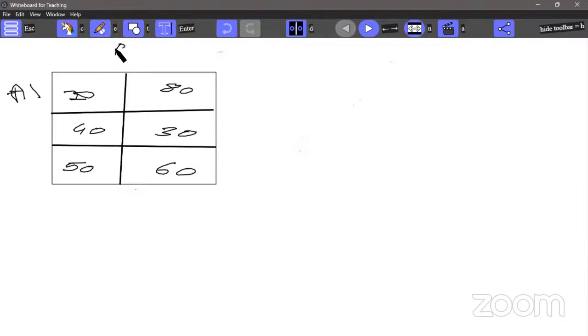Whatever strategy might be used, how much minimum will A gain when he is using the A1 strategy? 20. So I will circle 20. A is thinking, if I am using strategy number 1, the minimum assured profit is 20. So he will circle it.